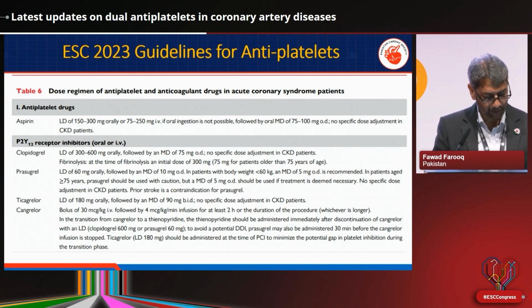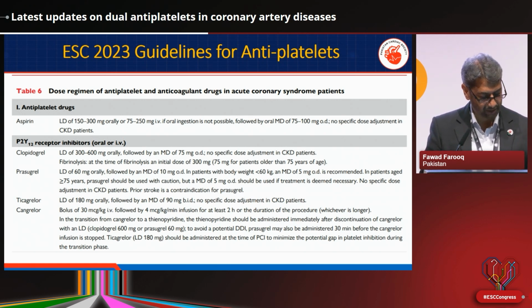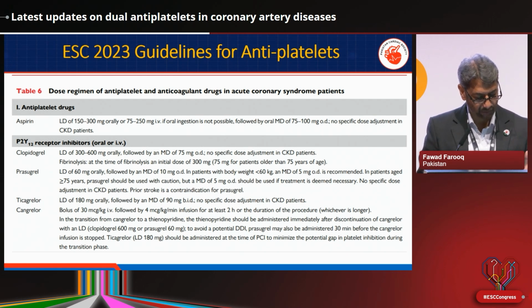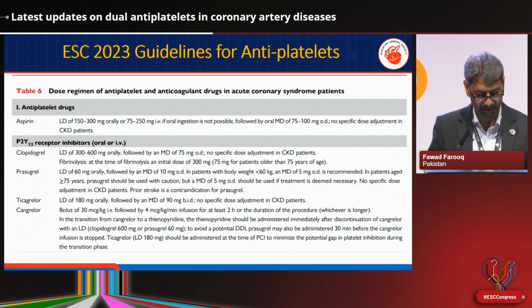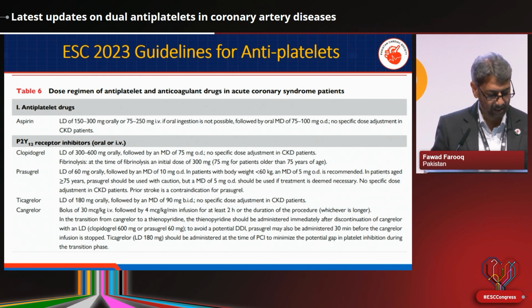Then clopidogrel: the loading is 300 to 600, with maintenance of 75. No dose adjustment is needed in CKD patients. If offering fibrinolysis, the initial dose at the time of fibrinolysis should be 300 milligram, and if your patient's age is greater than 75, it should be 75 milligram with thrombolysis.